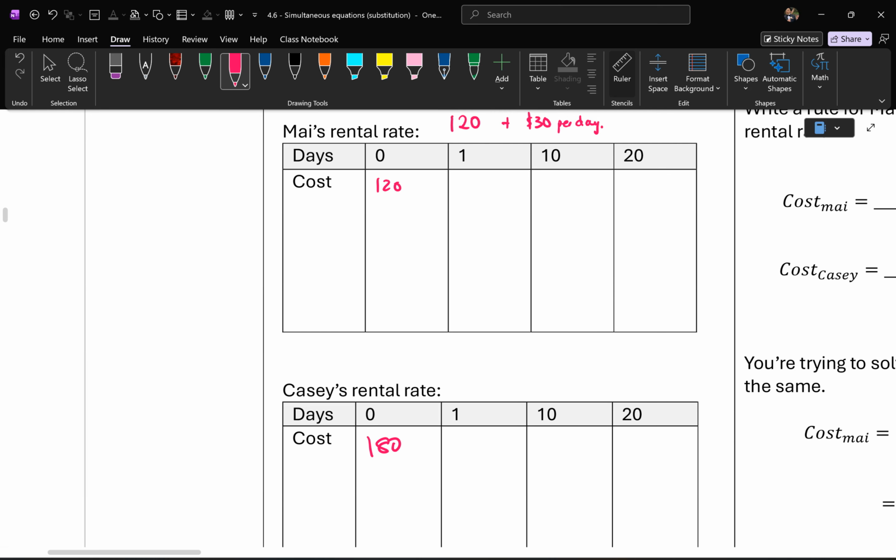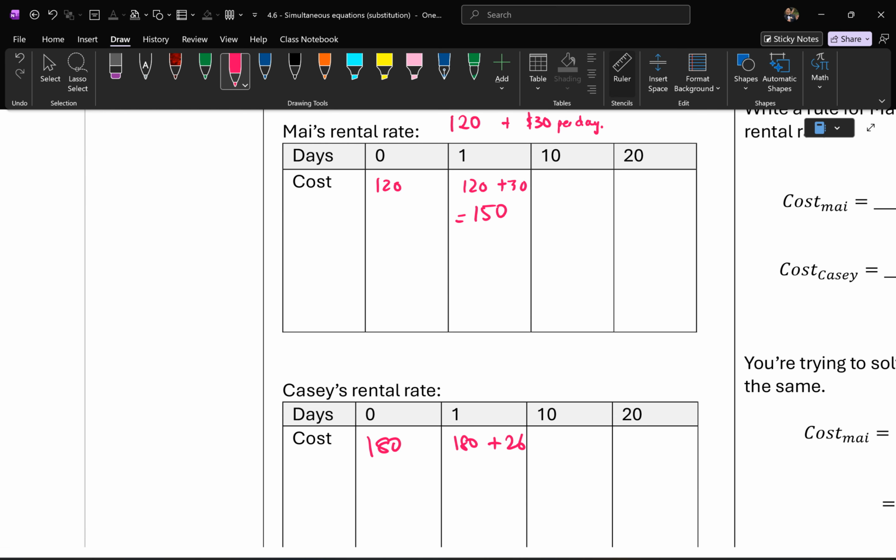But if you think about the next bits, you can all figure this one out logically. If it's $30 for every day, that's $120 with an extra $30 per day. So Mai would have to pay $150. What about Casey? Casey pays $180 to start off with, but then it's $26 per day.